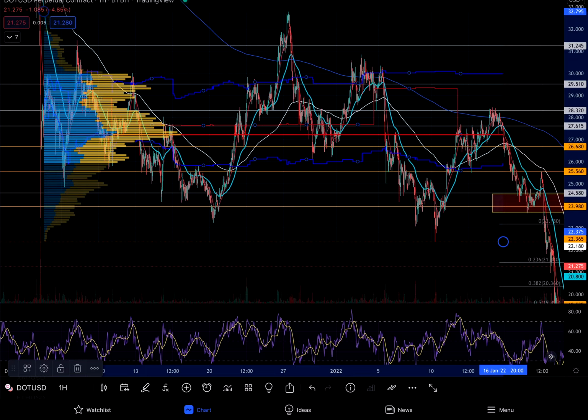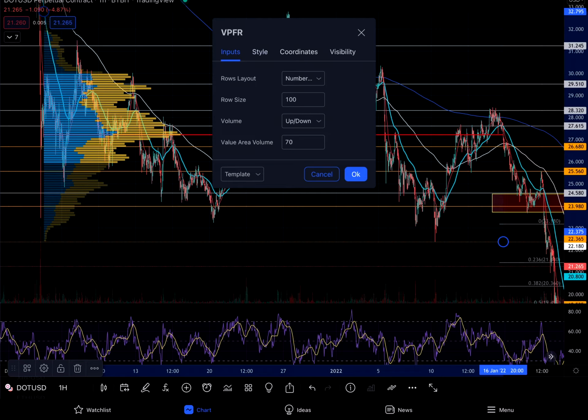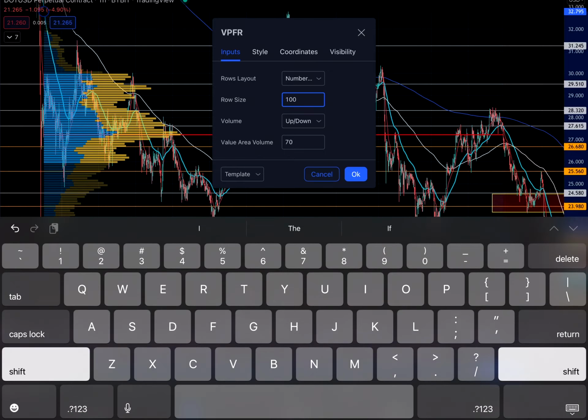And let me adjust my settings on this because it's set up for the way I like it. Normally it doesn't do this. Developing POC, developing value areas. Let me turn those off. And inputs, row size I think is default around 40.